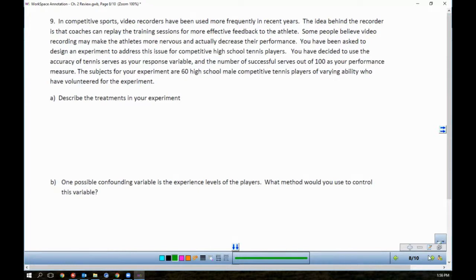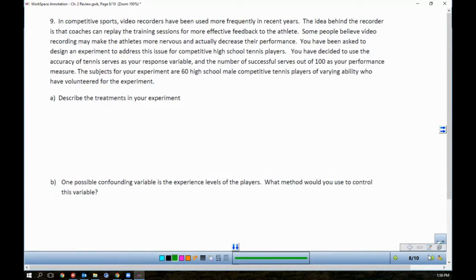You've been asked to design an experiment to address this issue for competitive high school tennis players. You have decided to use the accuracy of tennis serves as your response variable and the number of successful serves out of 100 as your performance measure. The subjects for your experiment are 60 high school male competitive tennis players of varying ability who have volunteered for this experiment.